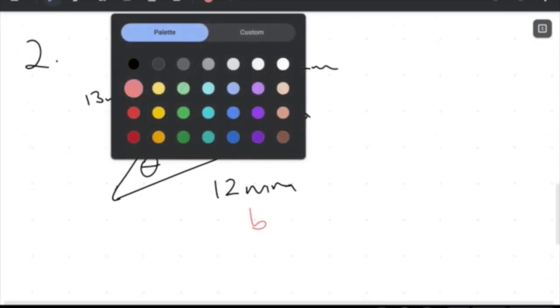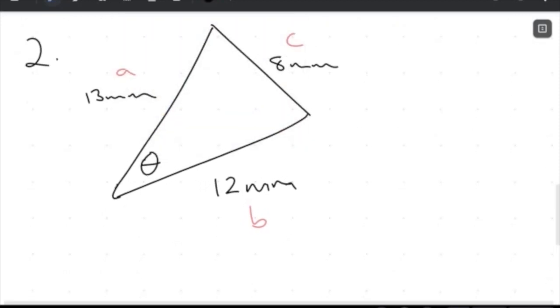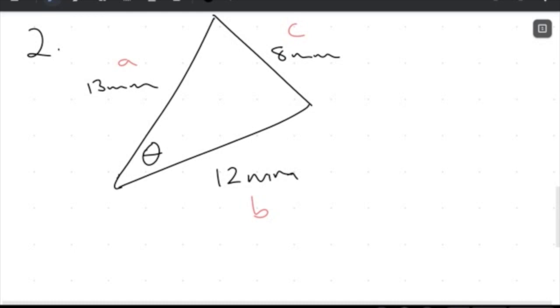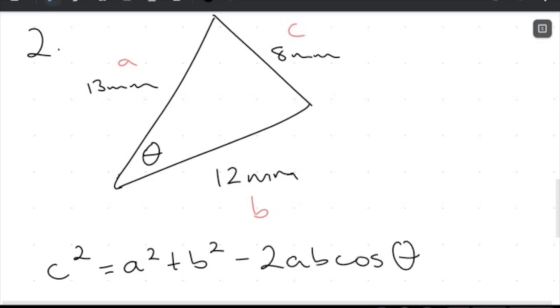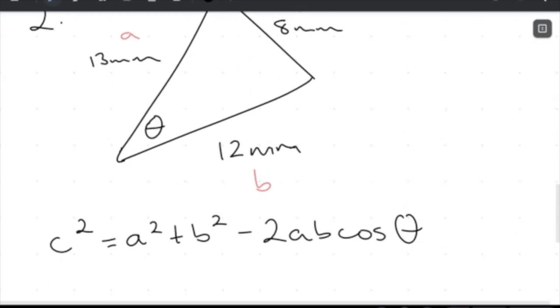So my normal cosine rule equation is going to be C squared, the one opposite my angle that's given here, equals A squared plus B squared minus 2 times A times B times cos theta. Now, what is important to note here is that we are trying to get to theta.